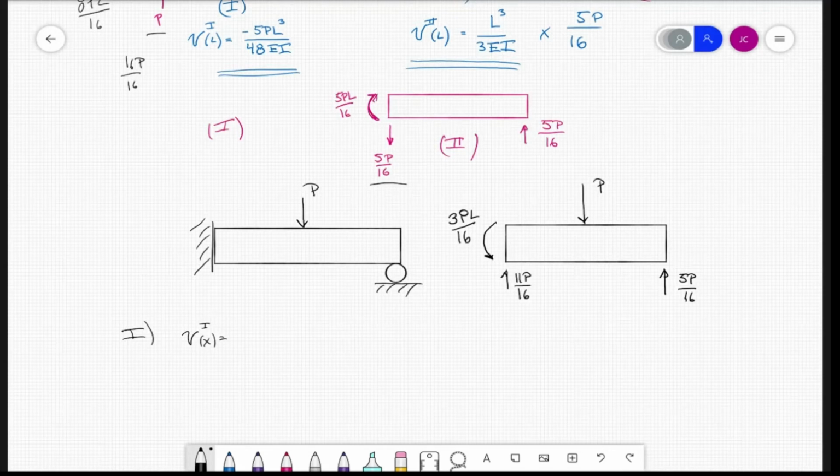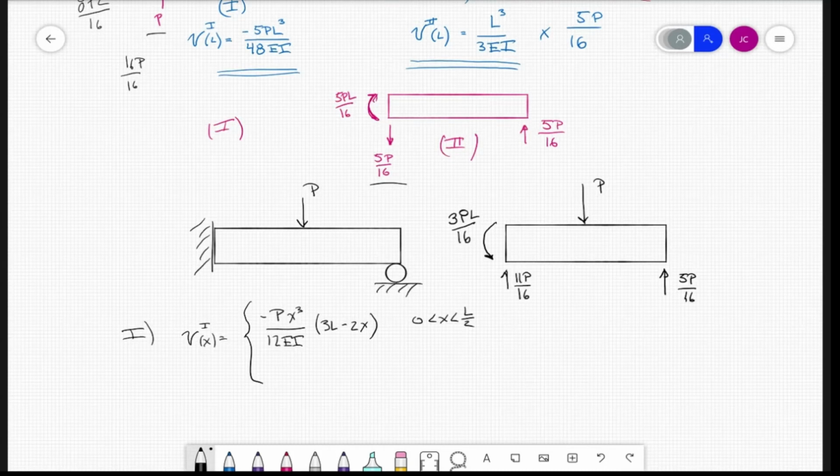The elastic curve for this case is a split one. So I get minus, this is just reading right off the plot, minus x cubed over 12 EI times 3L minus 2x. And that's from 0 to L on 2.